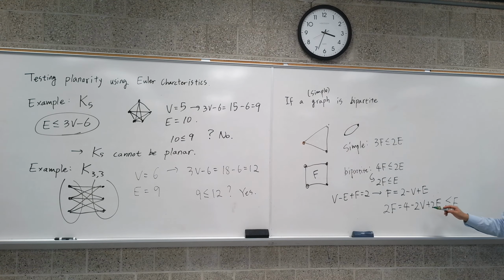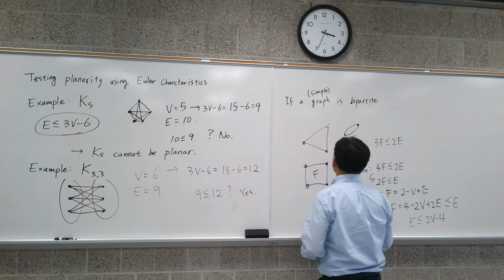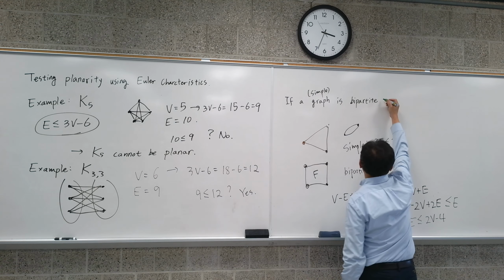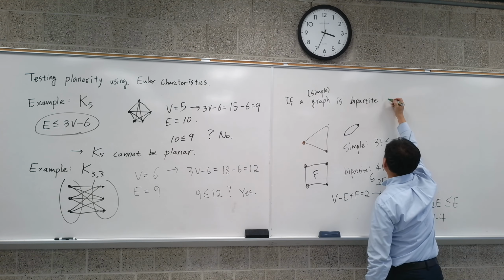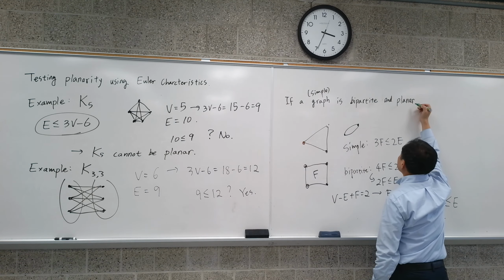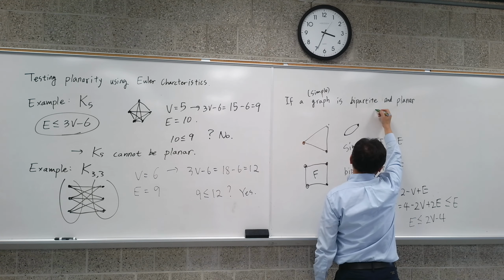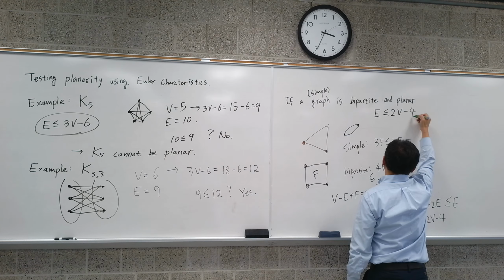So now if you subtract e and move this 4 and 2v to the other side, you end up with e less or equals to 2v minus 4. And that gives you a nice criteria that if a graph is bipartite and planar, then the following inequality should hold. E less or equals to 2v minus 4.